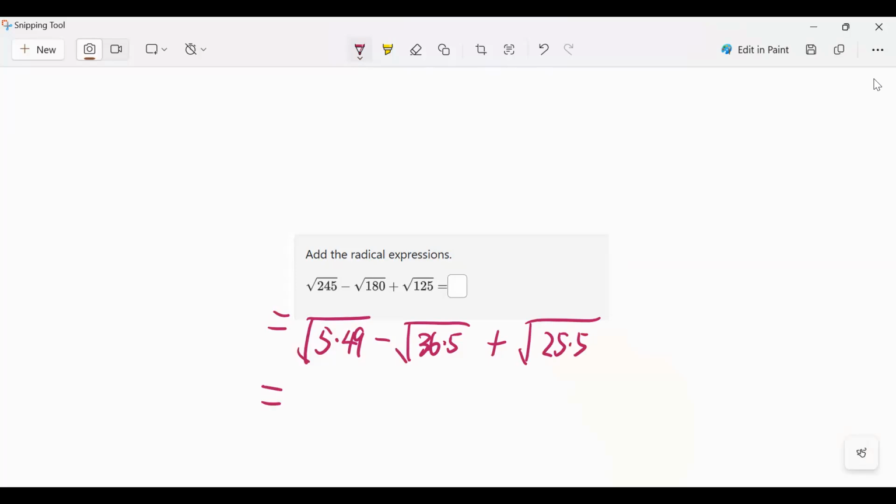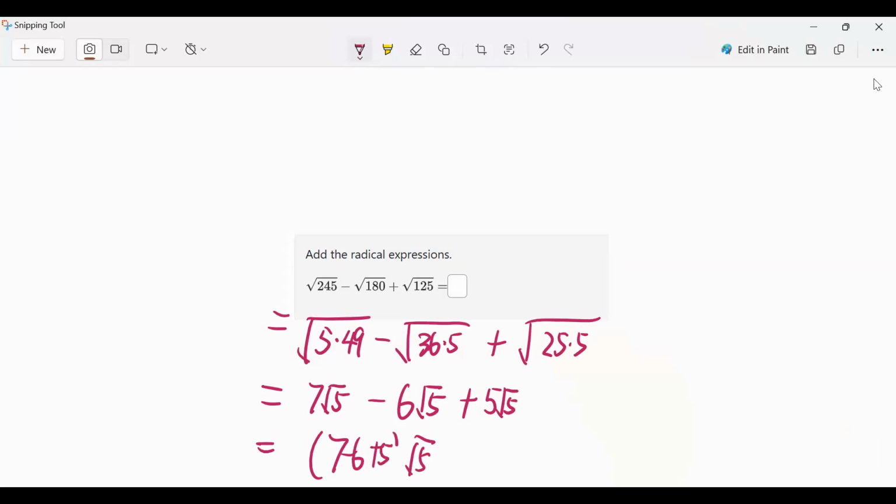Now we get the square root of 49, that's 7. So 7 square root of 5 minus 6 square root of 5, adding 5 square root of 5. If you want, you can factor out the square root of 5. And we get, in parentheses, 7 minus 6, adding 5. 7 minus 6 is 1, adding 5 is 6.